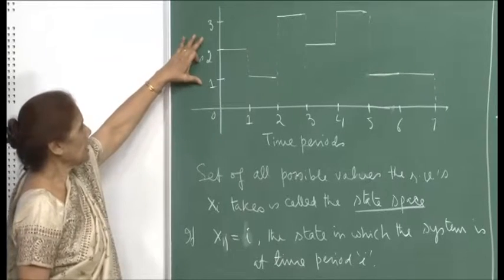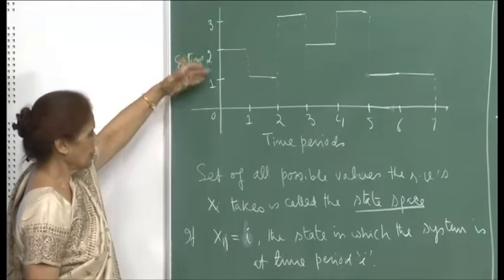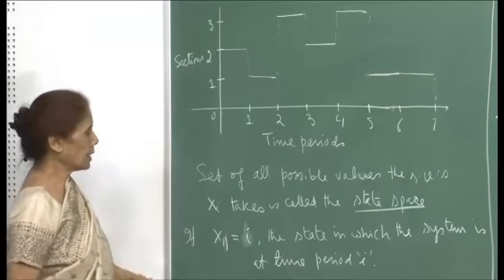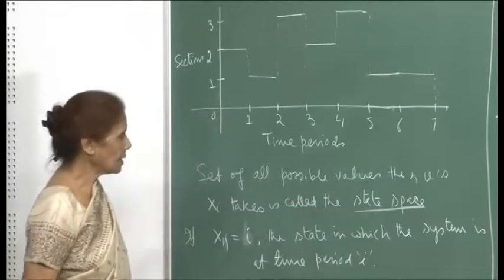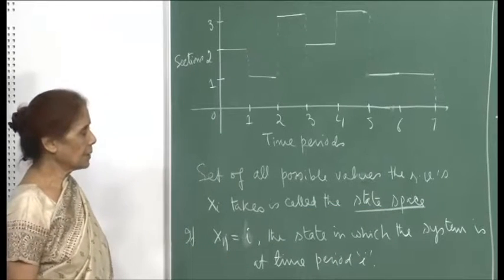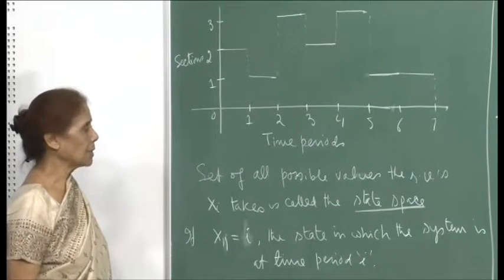For example, here the 3 sections I numbered as 1, 2, 3. It is easier, because otherwise you can't go on writing the possible values that the state space contains. It may be different things, so we can just distinguish them by the numbers.